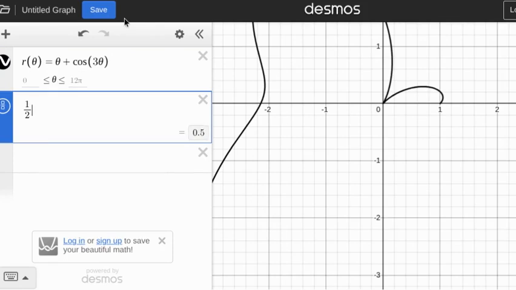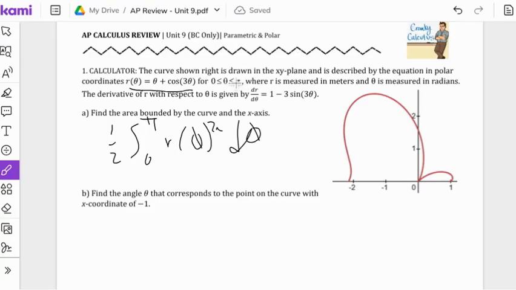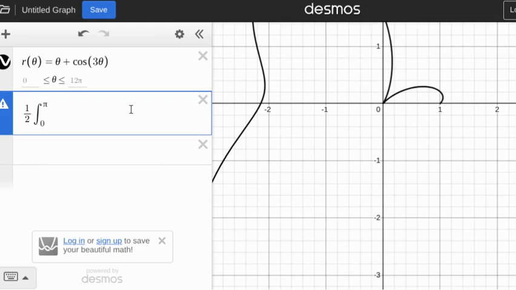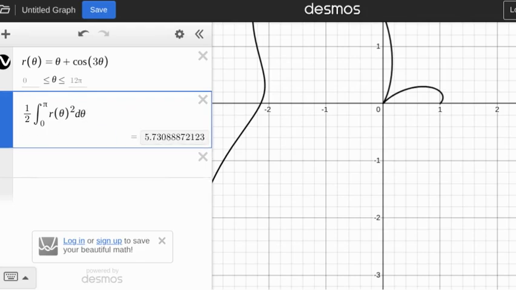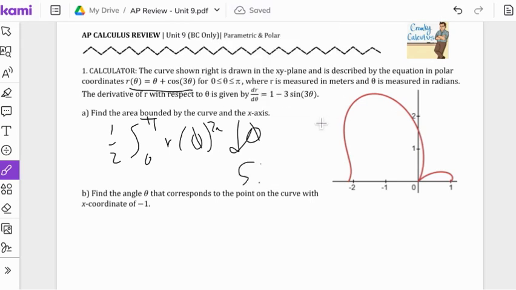So then we have 1/2 of the integral from 0 to pi of r of theta squared with respect to theta. Okay, so that's our answer. You could round or truncate. Actually, I'm going to truncate to pay respect to our glorious teacher.